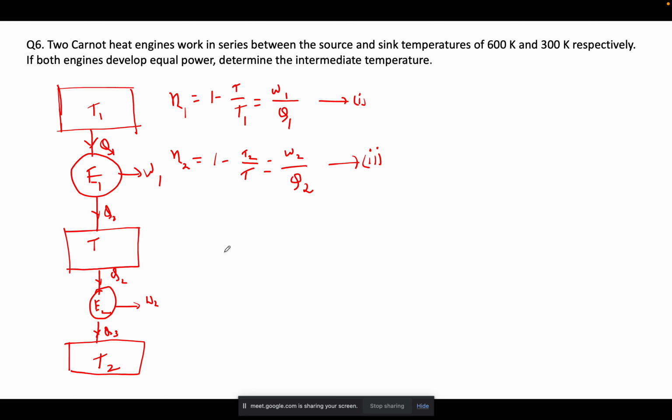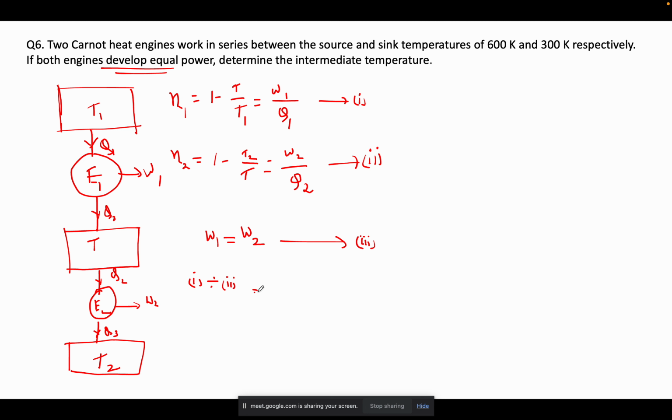Now, what it is telling is that these two develop equal power. What is the meaning of this? The meaning is that W1 is equal to W2. This is my equation number 3. Now if I divide 1 by 2, what will I get?